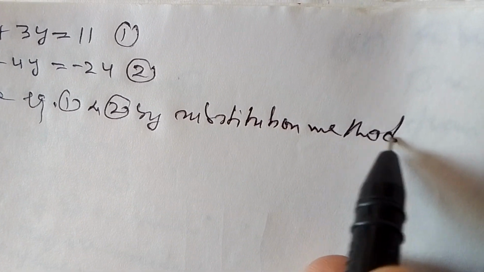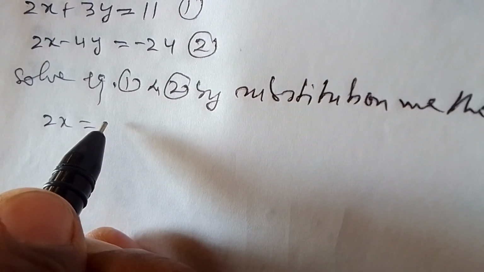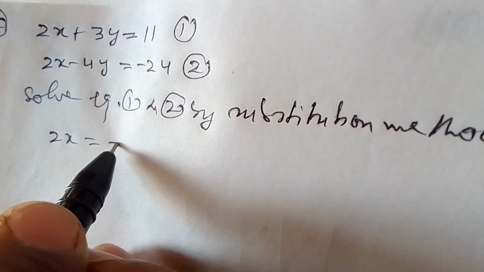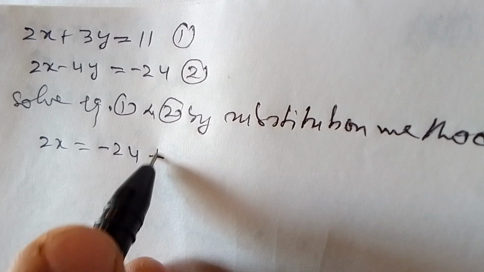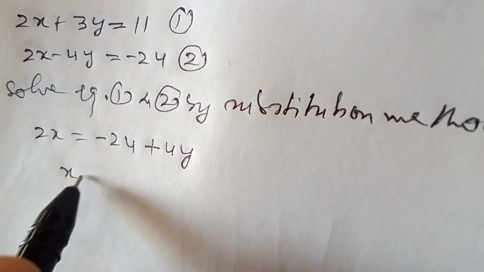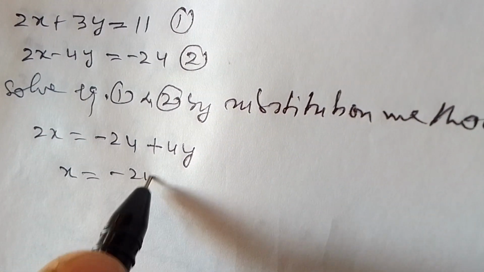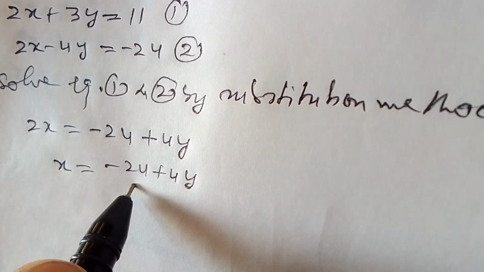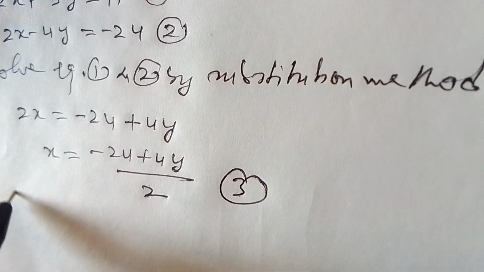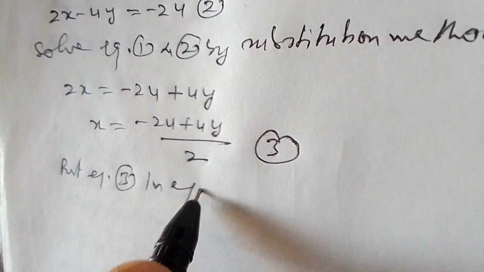method. So here 2x is equal to minus 24 plus 4y. So x comes out to be, we have taken the second equation first, (minus 24 plus 4y) divided by 2. So this is equation 3. Put equation 3 in equation 1.